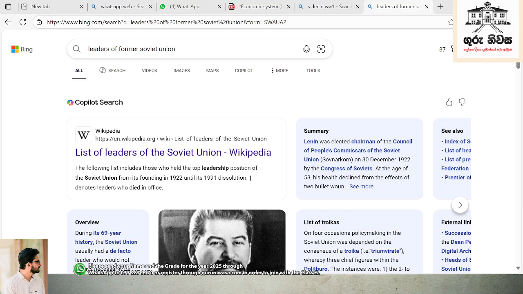Have you heard of John F. Kennedy, one of the American presidents? He was assassinated by a person who had some communist ideas.